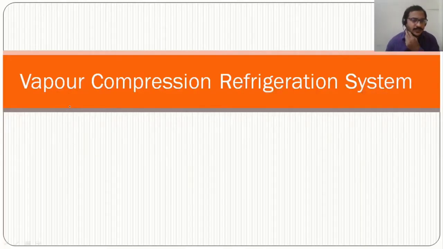So in this session we are going to learn about the vapor compression refrigeration system. So here we are going to talk about this ideal vapor compression refrigeration system, in which there will be four major components.